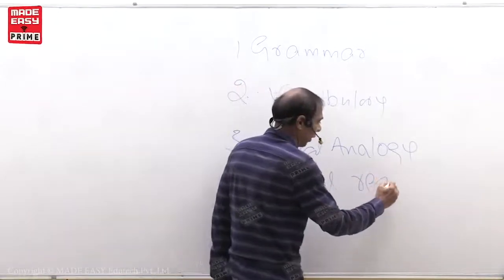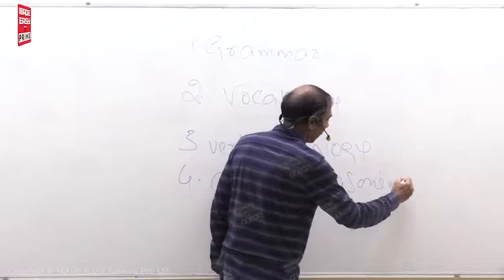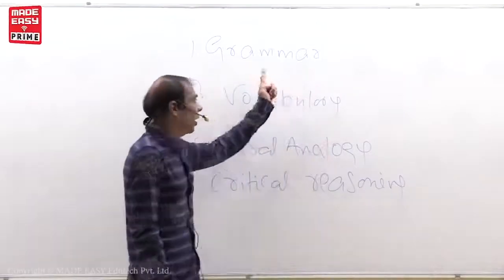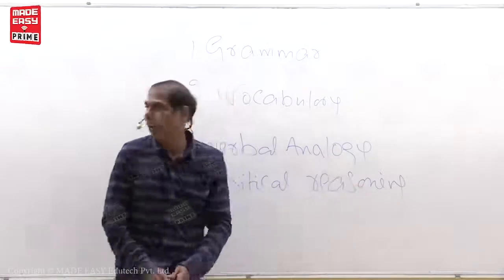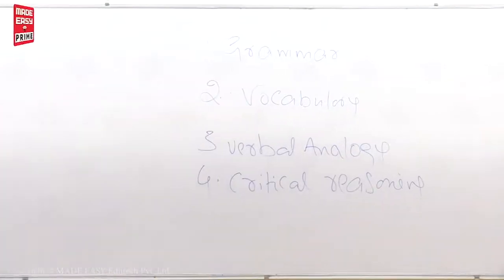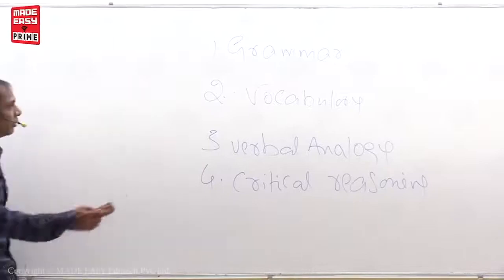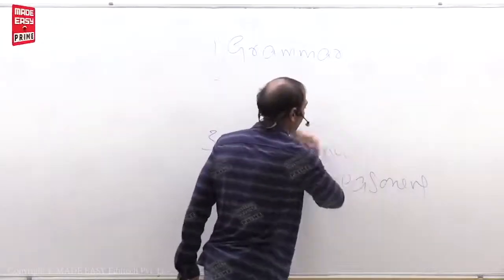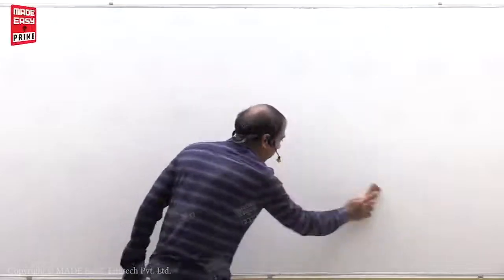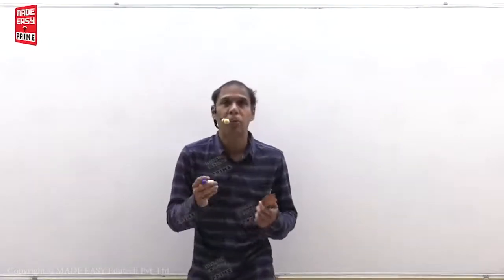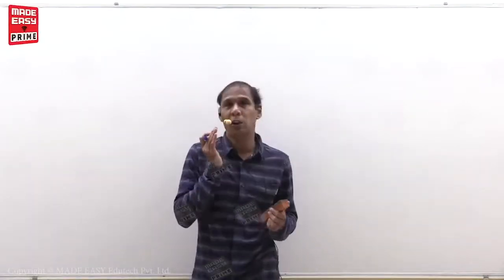Critical reasoning. Grammar, vocabulary, verbal analogy, critical reasoning. These are the topics we have to follow. My dear students, first, in the case of vocabulary, we'll see that part later. First, in grammar, from the point of view of grammar, what are the topics we have to cover?